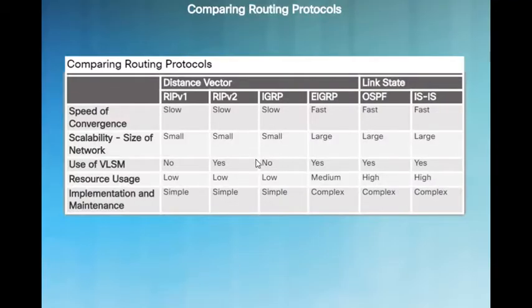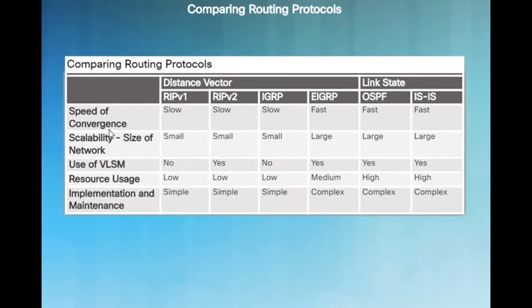On this table, we're just going to have a summary of the comparison between the different routing protocols and their categories. First up, we have the distance vector group, and then we have the link state group. Let's compare, number one, in terms of the speed of convergence.